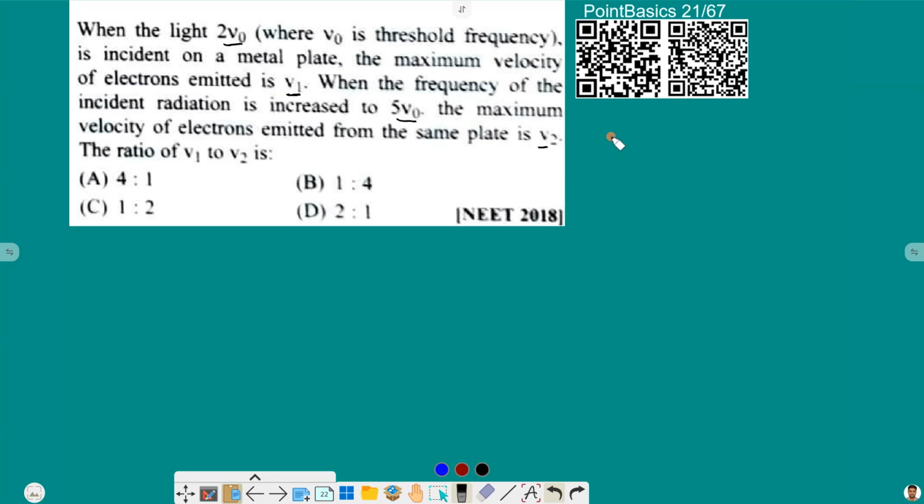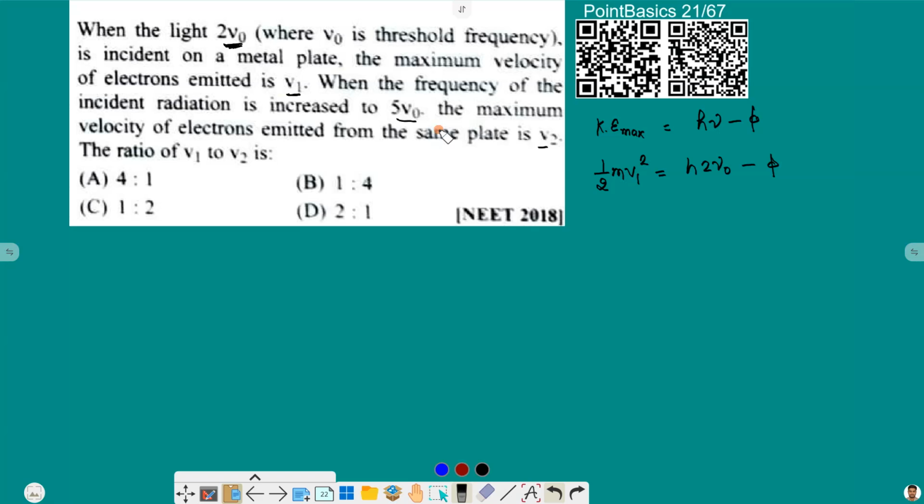So we know that for the photoelectric effect, we can write that maximum kinetic energy is equal to h times the frequency minus work function. So initially it is V1 and the frequency of the incident light is 2 nu naught. So it will be half m V1 square is equal to h 2 nu naught minus phi.